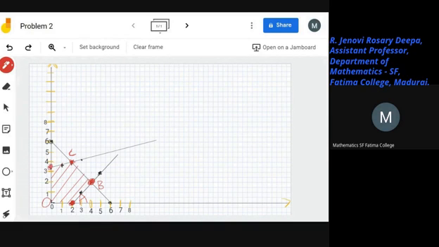This is the point D. So O, A, B, C, D is the feasible region.